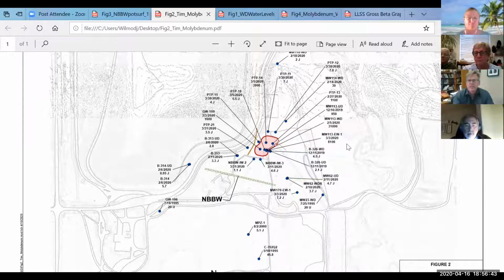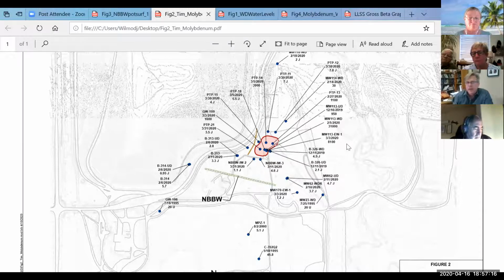And as far as naturally occurring, I know that came up, and I did mention that, of course, there is moly mining in Colorado as well as in Idaho, but those are, it's my understanding, well outside this watershed. Looking at this data where we do have close to detection limit concentrations of moly, it does question whether or not there is any naturally occurring moly out there, because we're getting low concentrations as well.